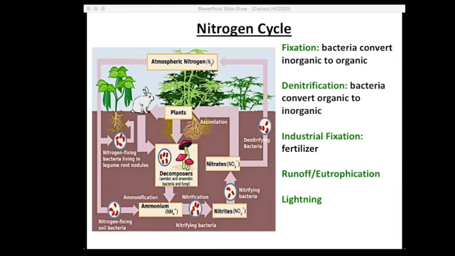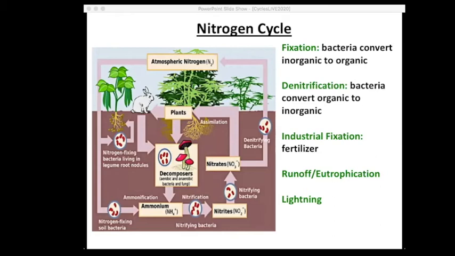There is one other human impact that's rather important. When we think of fossil fuels, we usually think of coal, carbon-based. But there are traces of nitrogen in fossil fuels as well, especially plant-based. And so when we burn fossil fuels, nitrogen is released into the atmosphere.